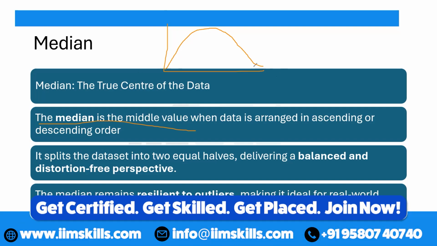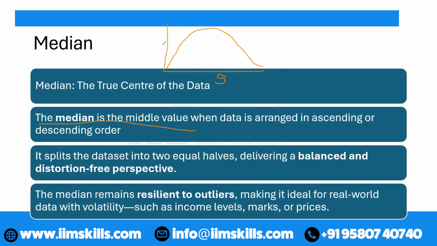So what is the representation of this data? Let's say on one side you have the score, and on the other side the number of students who have scored. Let's say your score is 35, and the number of students who have scored 35 is like 100 students.